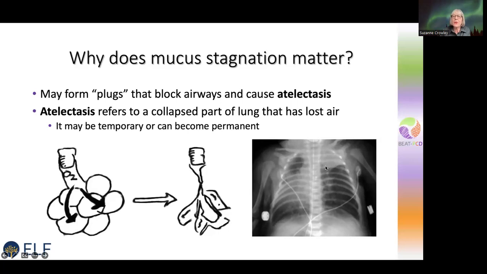This is a newborn with PCD. So atelectasis refers to a collapsed part of lung that has lost air. Importantly, it can become permanent. And some of you have probably had a bronchoscopy, for example, to try and remove mucus plugs to inflate areas of the lung again.